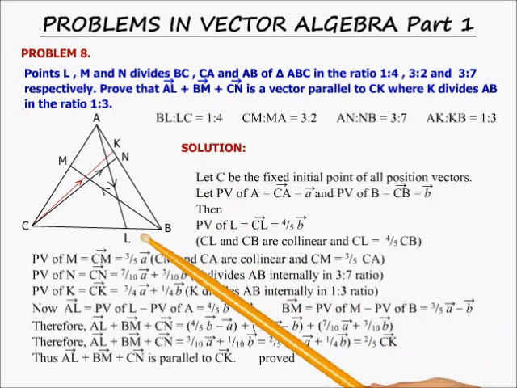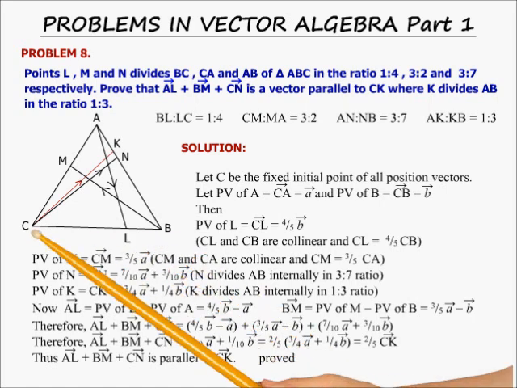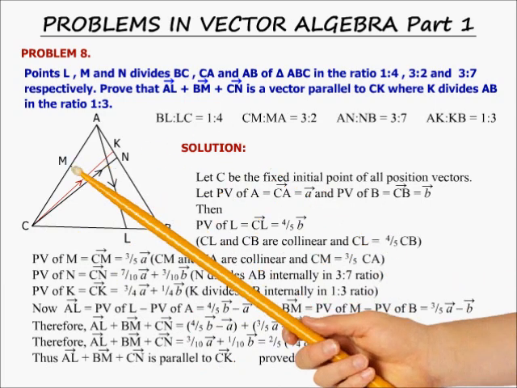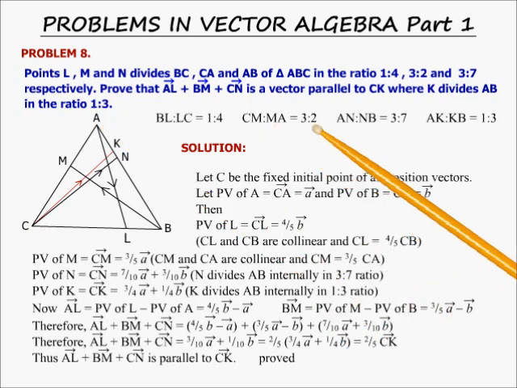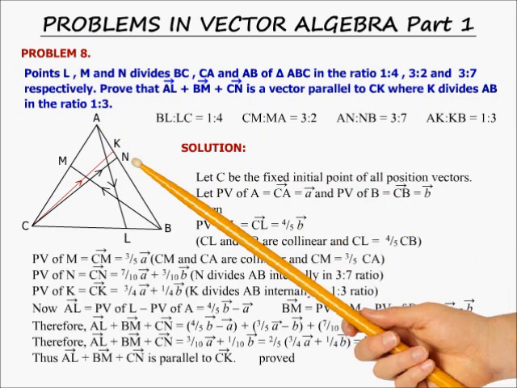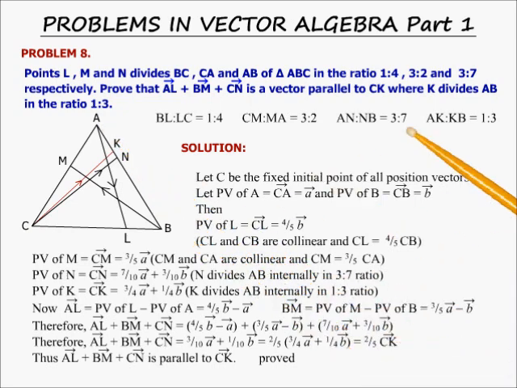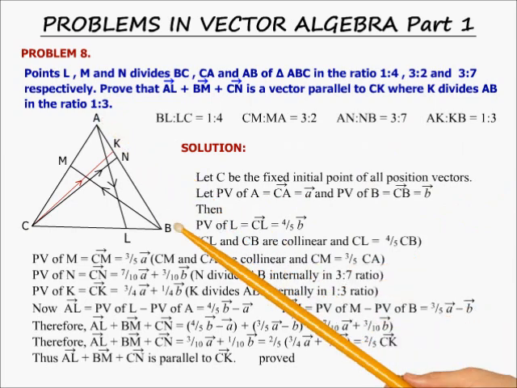We see in this diagram that point L is over here, which divides BC in the ratio 1:4, and this is point M, which divides CA in the ratio 3:2, and here is point N, which divides AB in the ratio 3:7, and this one is point K. Point K divides AB in the ratio 1:3.